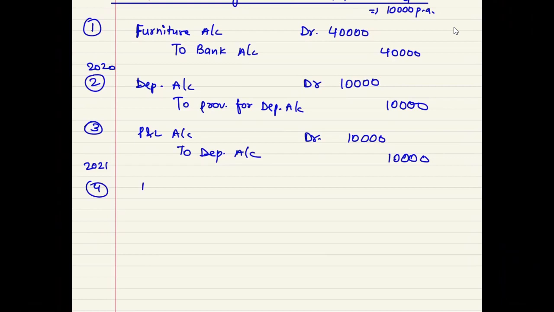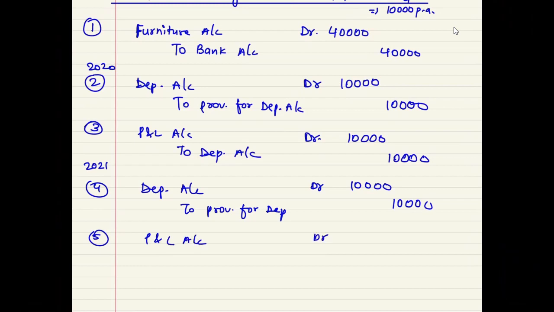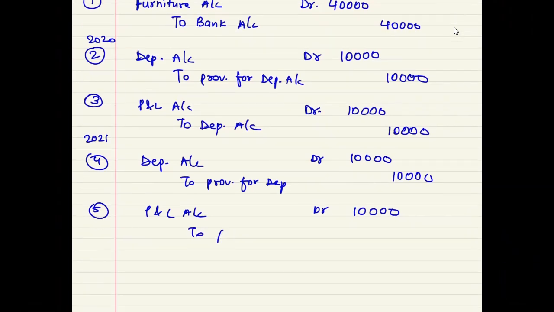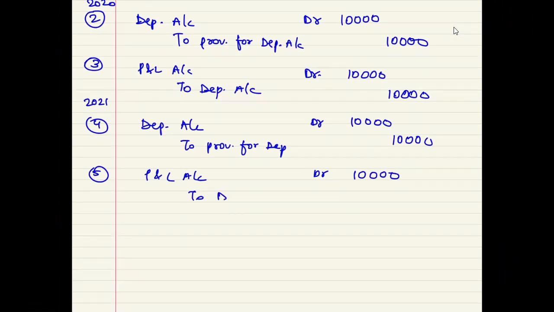So there would be a fourth entry: depreciation account debited for rupees 10,000 to provision for depreciation, rupees 10,000, and fifth, we will transfer to the P&L 10,000 to the depreciation account, 10,000.